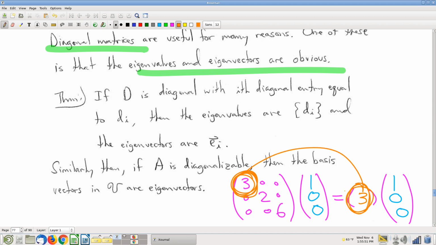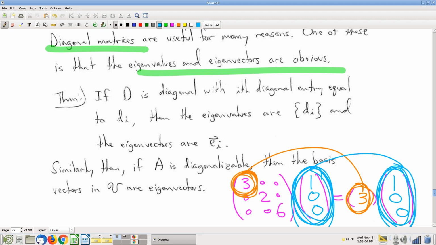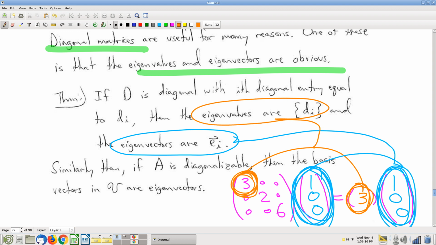That is the eigenvalue, and it is the, what I'll call, corresponding standard basis vector. That is the eigenvector. So standard basis vectors are eigenvectors. Diagonal entries are the eigenvalues.